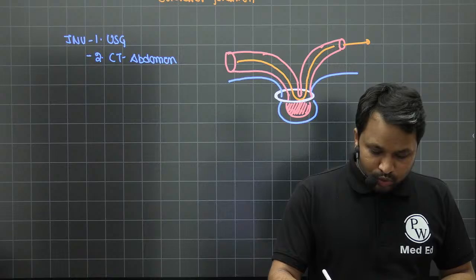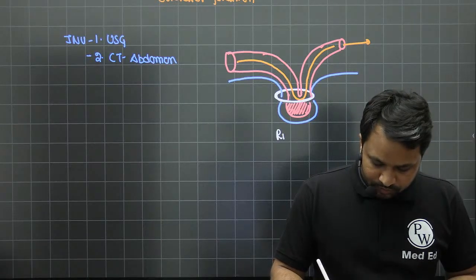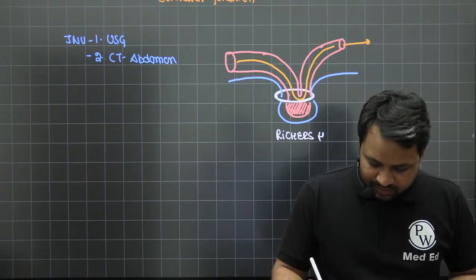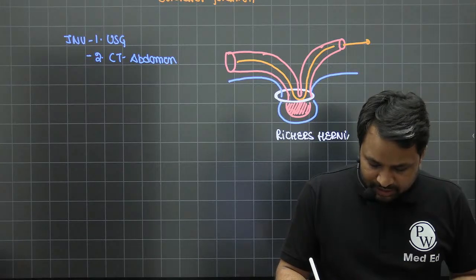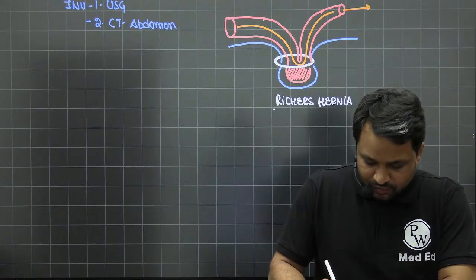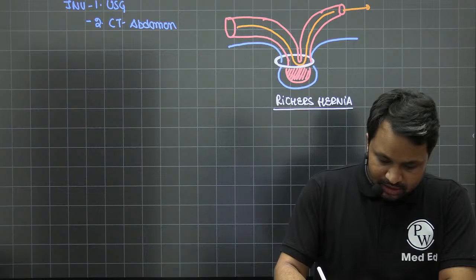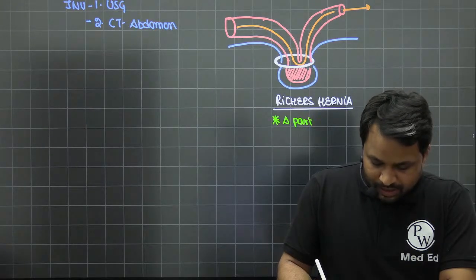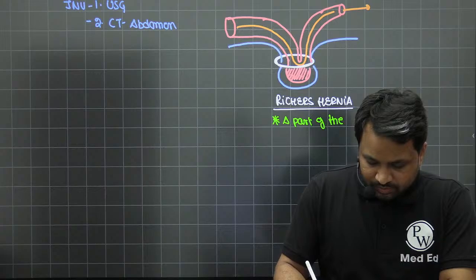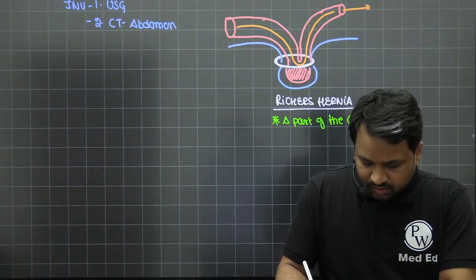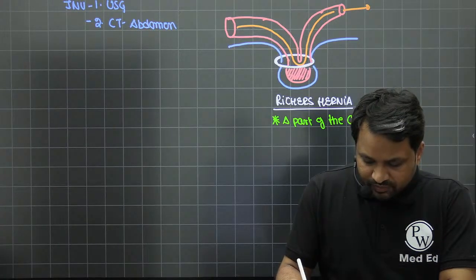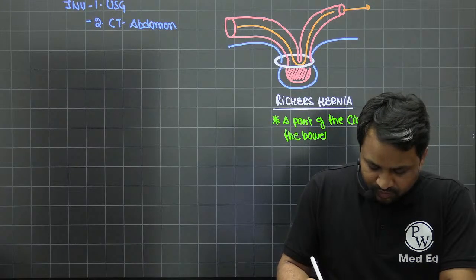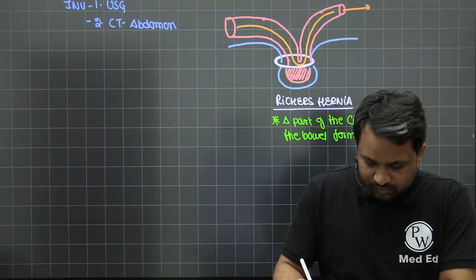So usually, when you have a patient of obturator hernia, they present to you as a presentation of a Richter's hernia. Richter's hernia is where a part of the circumference of the bowel forms the content of the sac.